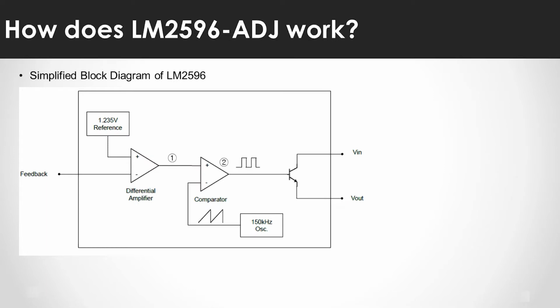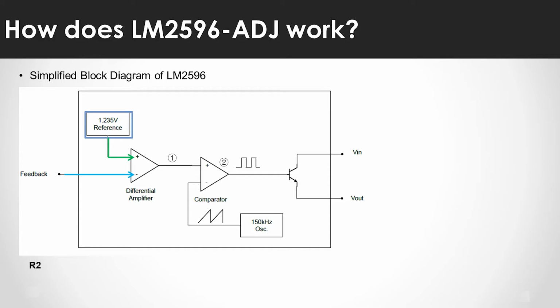Then, we will look at the internal structure of the adjustable type LM2596 and review the operating principle of the LM2596. Inside the LM2596, a 1.235 volts reference is generated and supplied to the positive port of the differential amplifier. An external feedback pin is connected to the negative port of this differential amplifier.